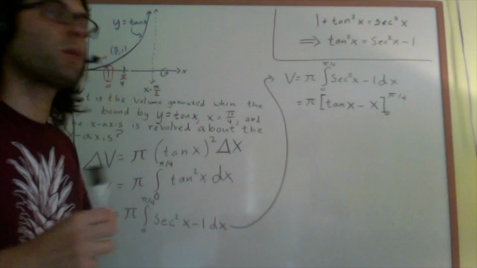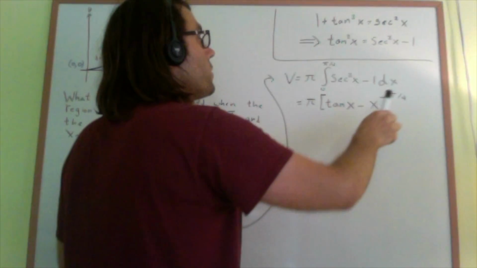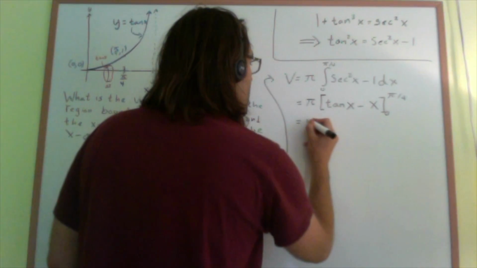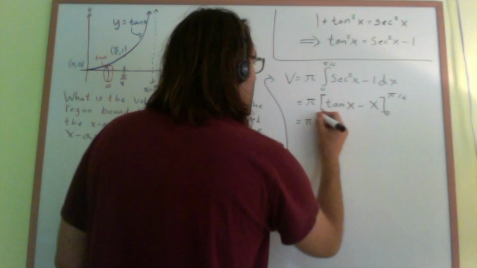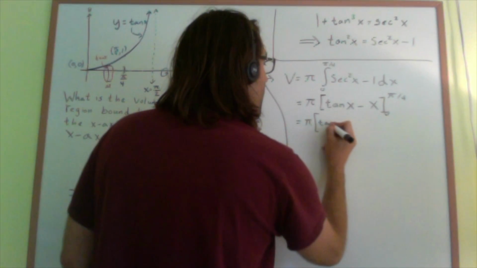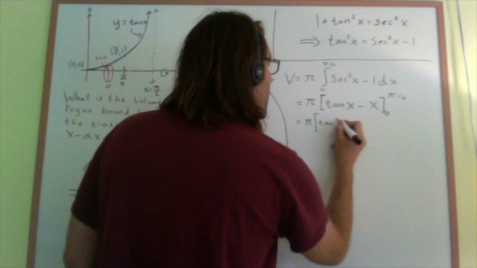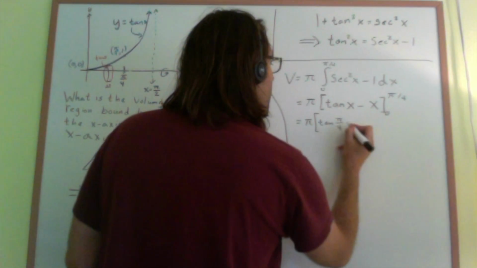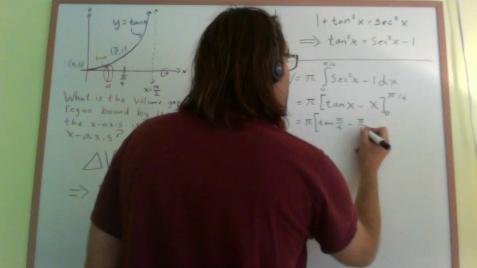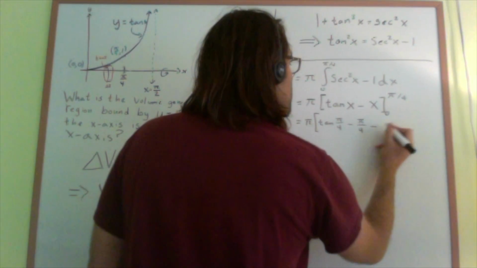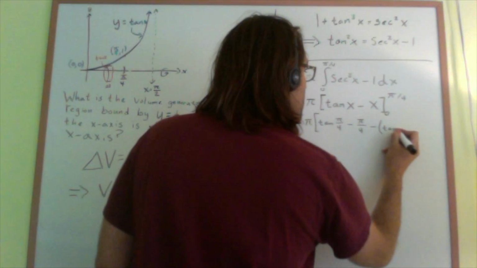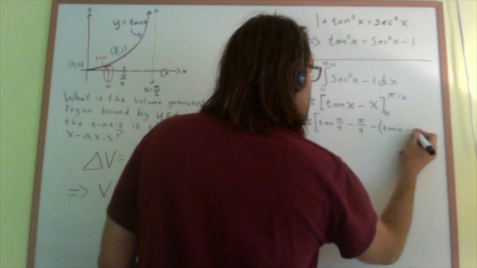Okay, now we're just going to plug in our bounds of integration. It's going to be top minus bottom. So we have tangent of pi over 4 minus pi over 4, minus tangent of 0 minus 0.